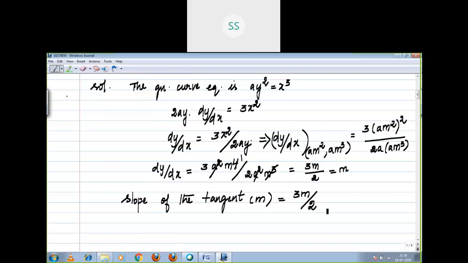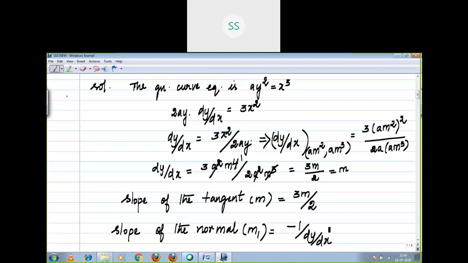Then you read the question again. They are expecting the equation of the normal. That means we need the slope of the normal. Using the slope of the tangent only, you are going to find the slope of the normal. Can anyone say how to find the slope of the normal? Yeah, very good. Slope of the normal equals the reciprocal of the slope of the tangent with the opposite sign, or −1/(dy/dx).